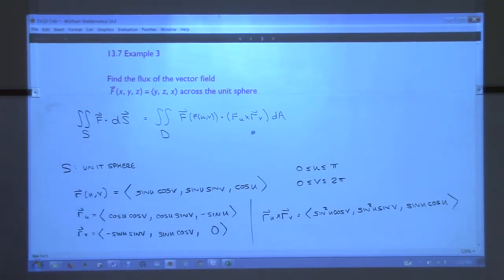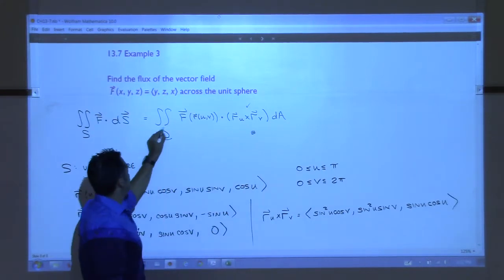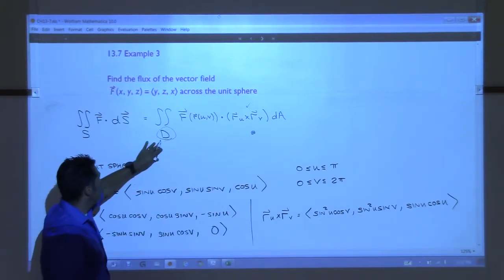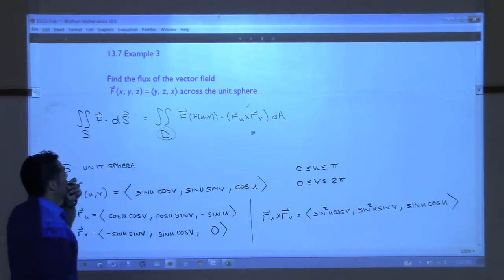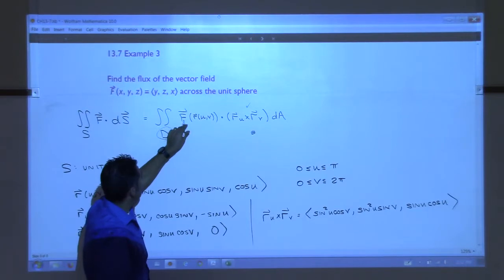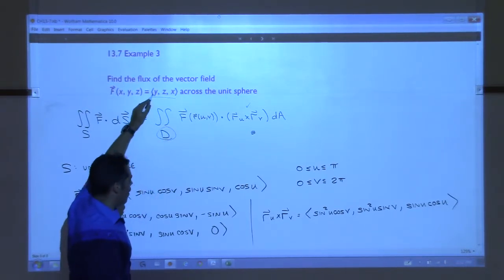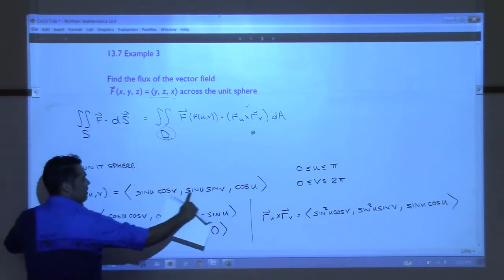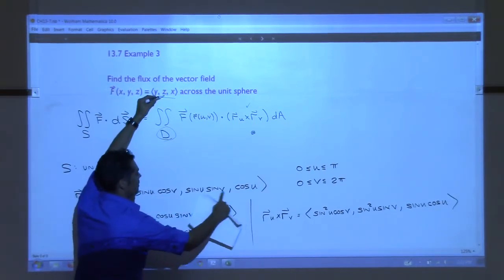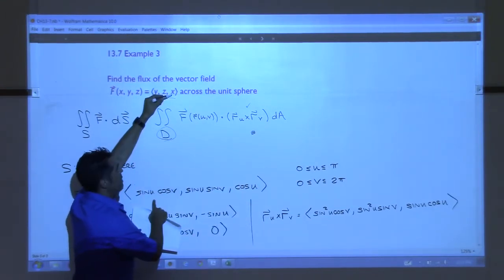Okay, so we have this part of the formula, right? We know our restrictions on D, the domain of u and v, which we have over there. Now all that's left is we need to evaluate our field on the surface, which means we replace y, z, and x with these, and then we dot the two.